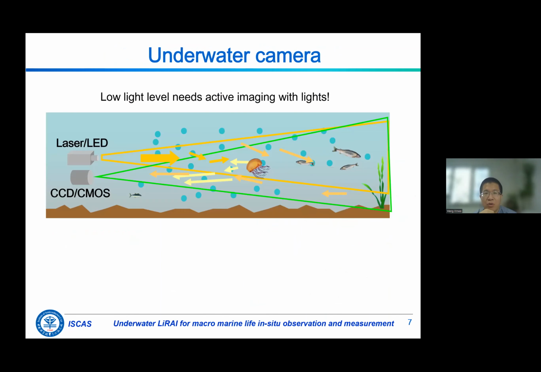For underwater cameras, different from UVP, the traditional underwater camera uses laser or LED as lights, because in the deep sea there's a low light level, or even dark, so it needs active imaging with lights. And the image sensor is typically CCD or CMOS.